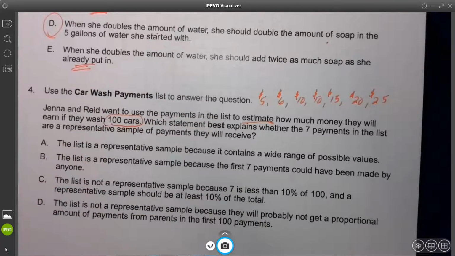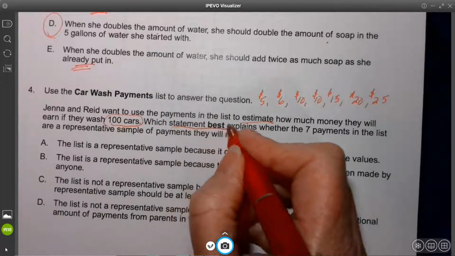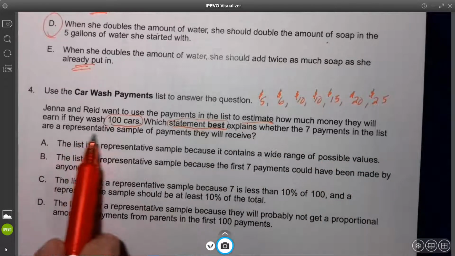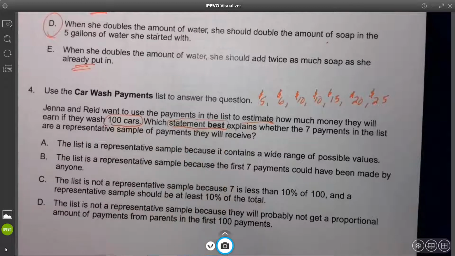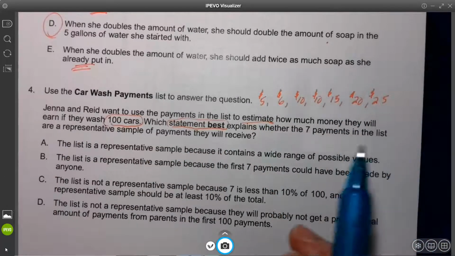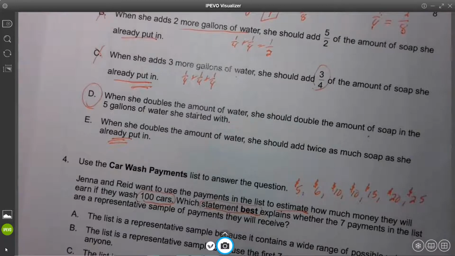That's 100, not 10. Which statement, so just one, explains whether the 7 payments in the list are representative samples of payments they will receive. Now remember, they also said that you can pay whatever. Let's look back at that page for just 1 second. Where'd it go? Hold on.